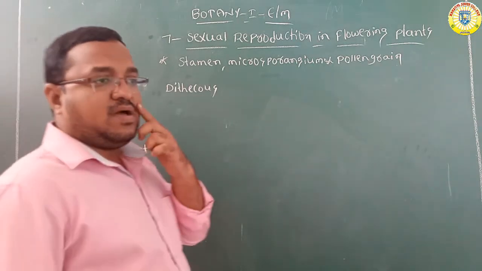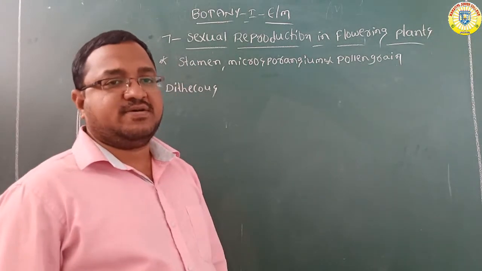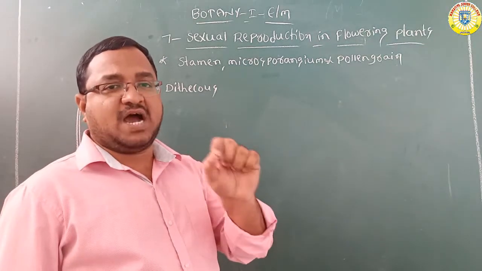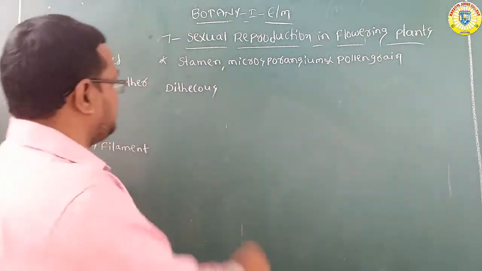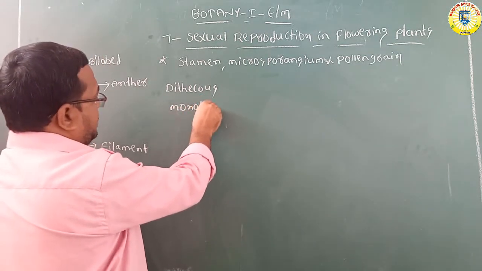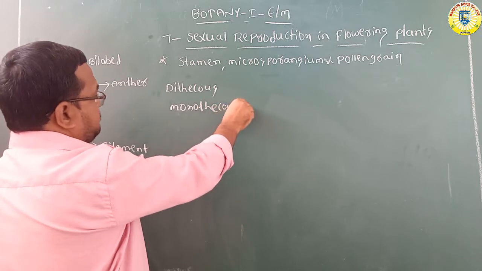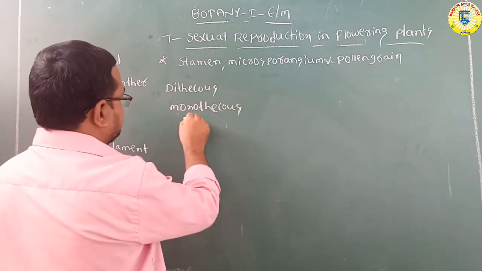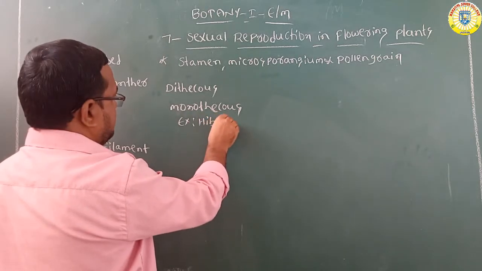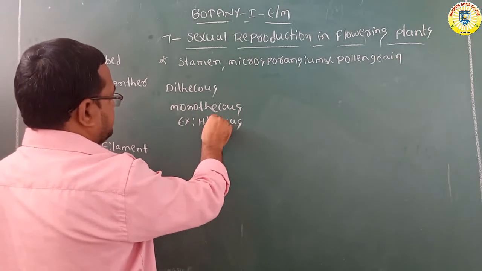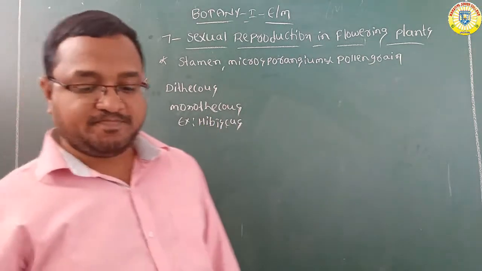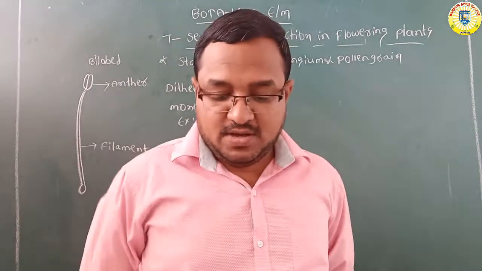In the hibiscus flower, the anther having only one lobe is called monothecous. Best example, hibiscus.